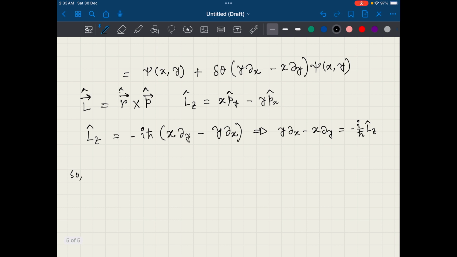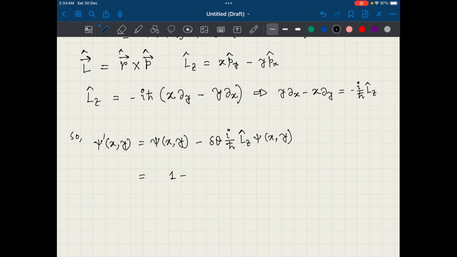So we have psi prime of x comma y is psi of x comma y, sorry, this is minus delta theta i by h cut Lz psi of x comma y.